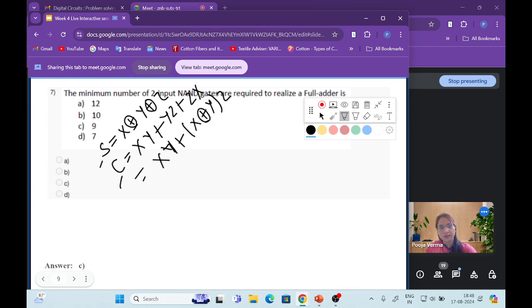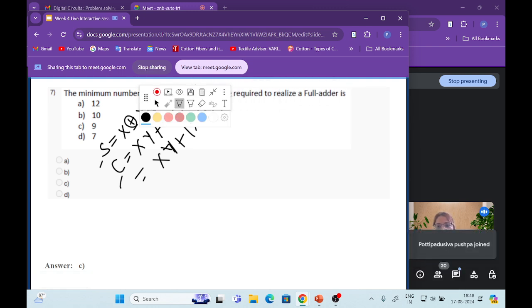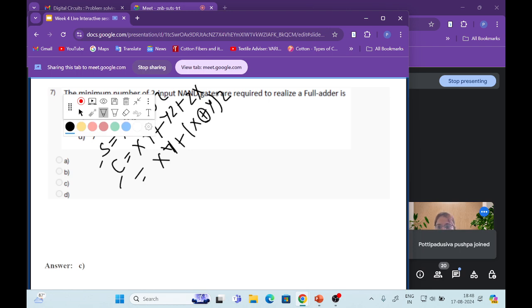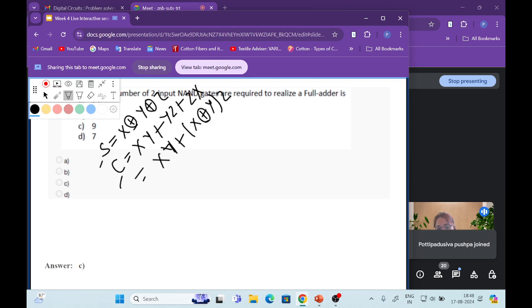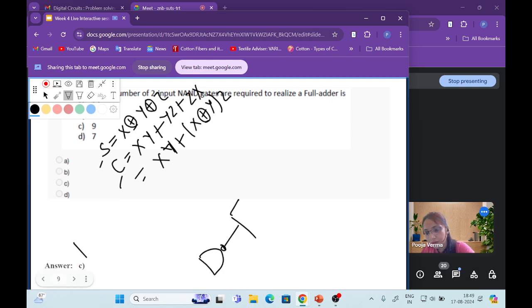So let's make it. I am moving it here because we need a lot of space. Okay. So first, NAND gate. And can you tell me how we can normally make the sum expression, just taking two XOR gates, right?